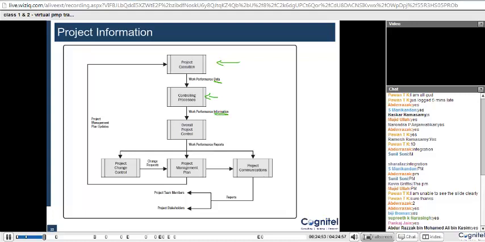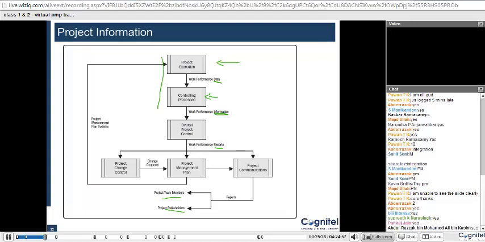Now, this work performance information would help you to gain an overall project control, which ultimately would support preparing some reports, because this information would then be further filtered, classified or grouped in different ways as per the different needs of the stakeholders, which would then form the reports. Now, these reports would help you to manage your project management plan in a better way, make any changes in the project, and of course do the communication to the stakeholders and the team members.